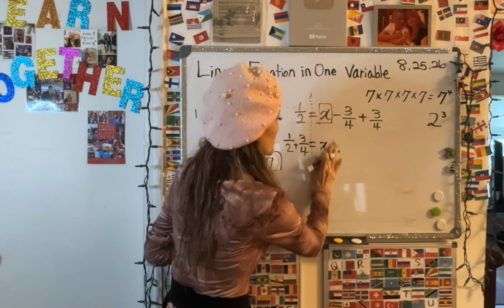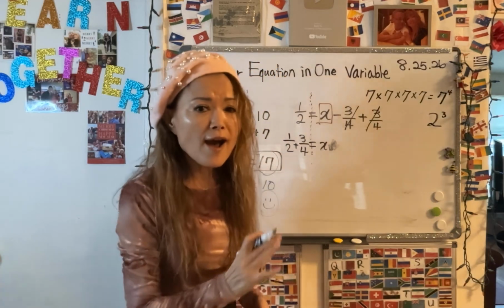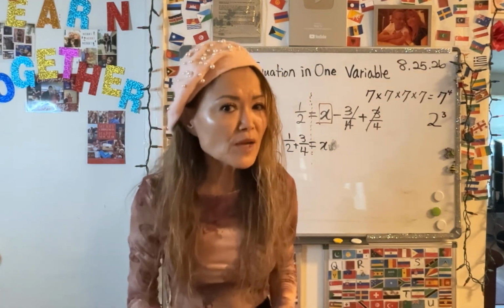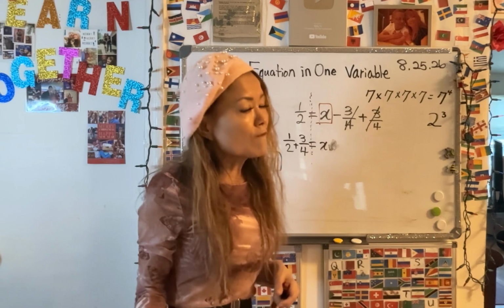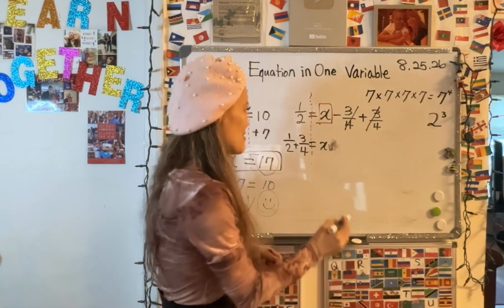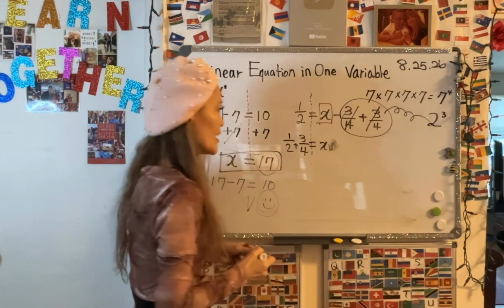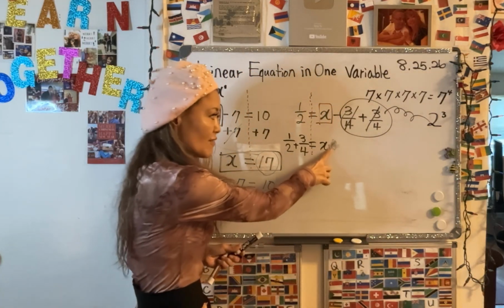And guess what? Bye-bye. Why? Because minus 3 over 4 plus 3 over 4 is what? Making 0. Yeah, eliminate it. Bye-bye. Alright, so I found the x already.